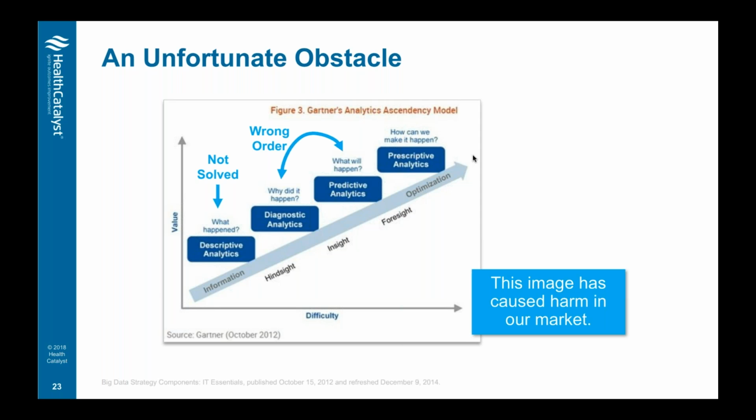The second is that we have the diagnostic and predictive analytics in the wrong order. It is an order of magnitude harder to be able to demonstrate why something happened as opposed to predict what will happen. And again, for any of you who can remember a basic statistics or research methods class, you may remember the phrase correlation does not mean causation.